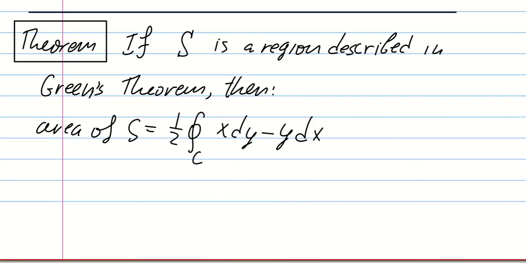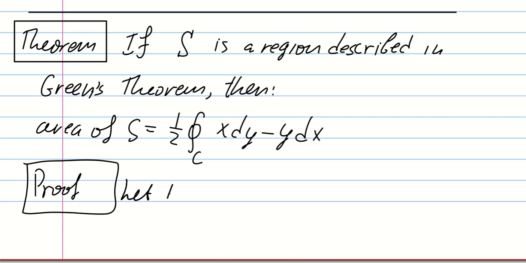Okay. So what would be the proof for this theorem? The proof for this theorem is relatively easy. So we'll say let M equal negative y over 2 and N equal x over 2.